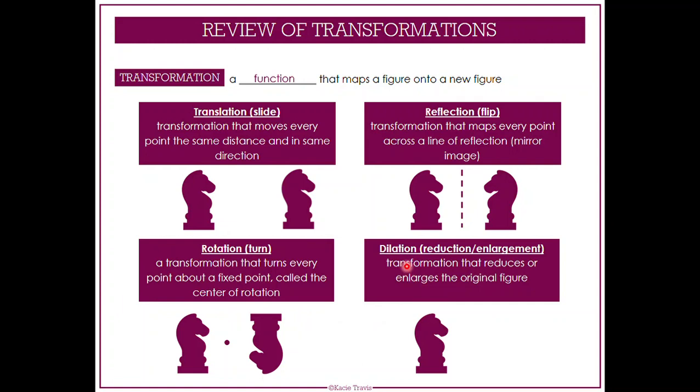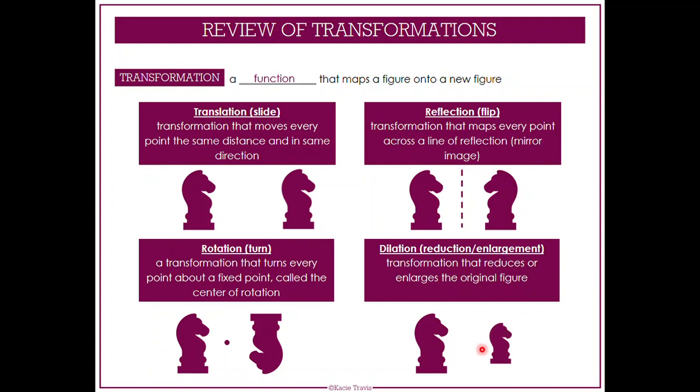Now, last one is a dilation. We've actually been dealing a lot with dilations with similar figures. Essentially, a dilation transforms a shape and it either reduces it or enlarges the figure. So, here's our original shape. Let's look at it being dilated.